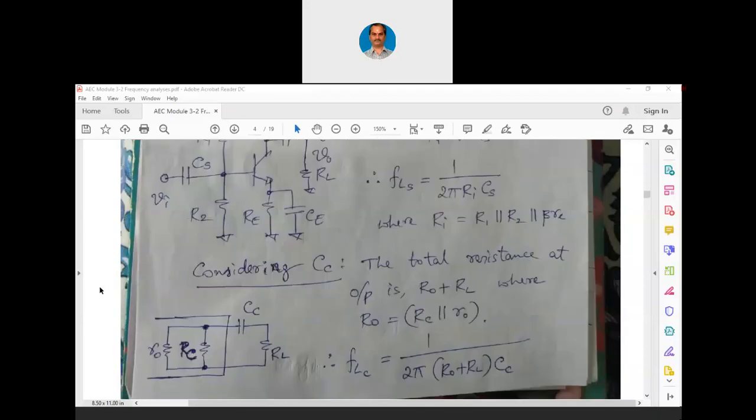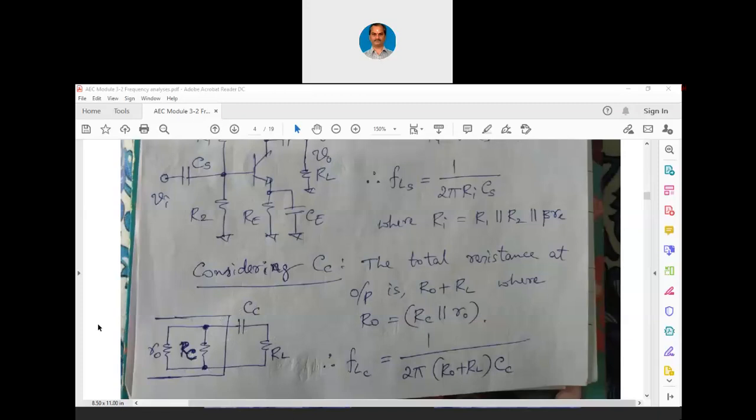So considering this, we can write the circuit in this manner. You can see capital RC, the resistance at the collector, and small r0, the internal resistance of the collector junction, and then we have this coupling capacitance CC at the output, and then we have this RL. So we can write now FLC with respect to what? With respect to the collector capacitance.